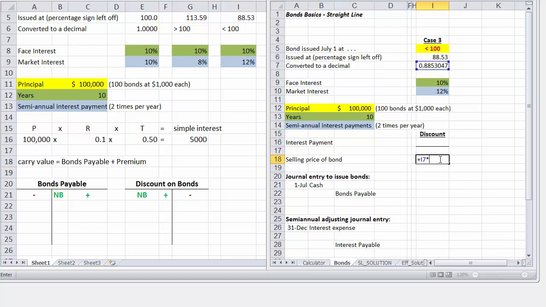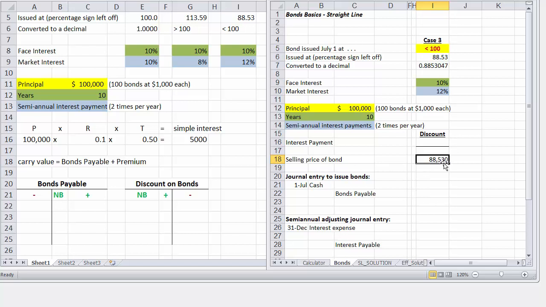So we'll multiply that by the principal amount of $100,000, and so our actual selling price will be $88,530. This number is based on figuring out the present value with the market interest rate as our discount rate using the contractual face interest rate of 10%, and this video will not cover how to calculate that.